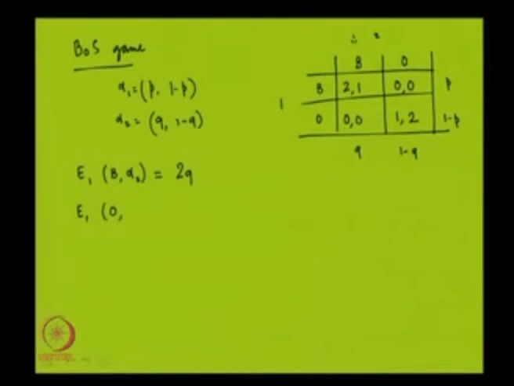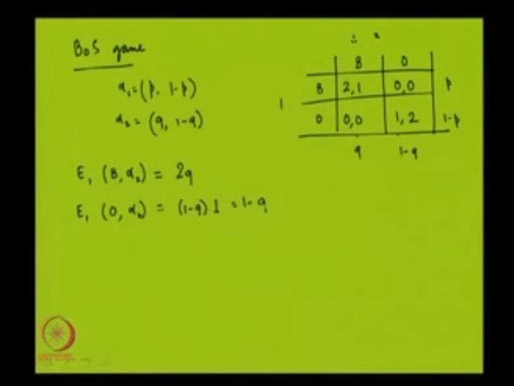If player 1 plays the action O, whereas player 2 is playing the mixed strategy alpha 2, then from this he is getting 0, so it does not matter. From this he is getting 1 minus q multiplied by 1. So, this is just 1 minus q.